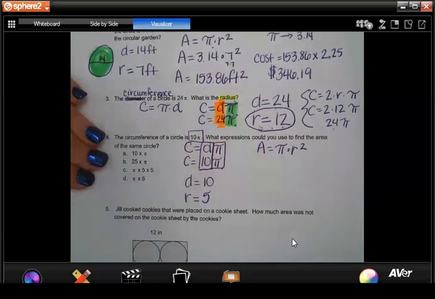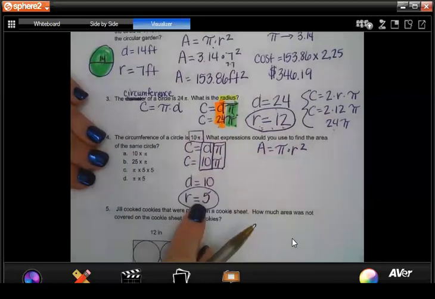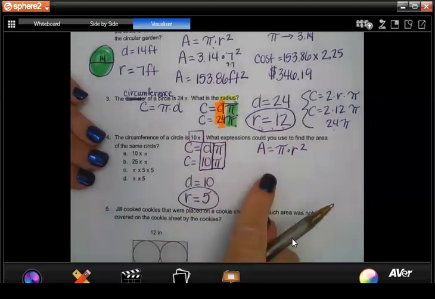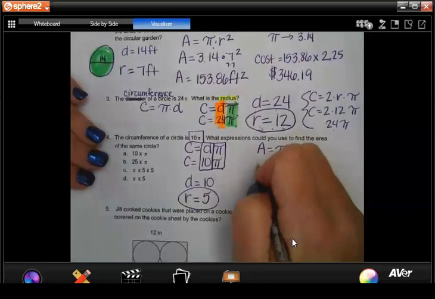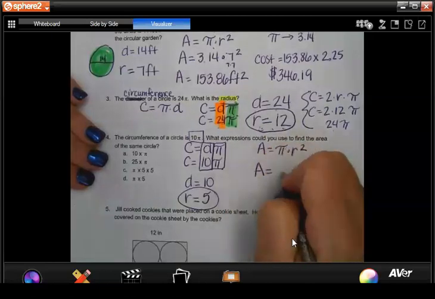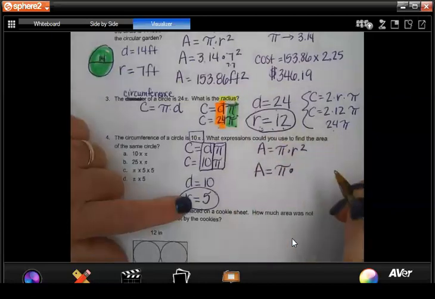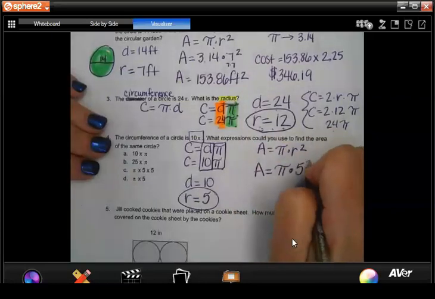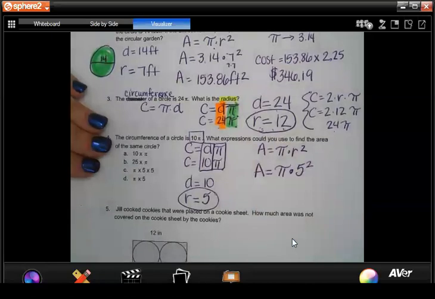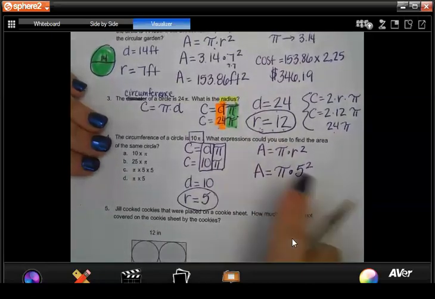Okay. So now that we have this, now we're going to come over here. So this is my formula. Area equals pi times radius, which is 5 squared, right? Well, let's write this out.